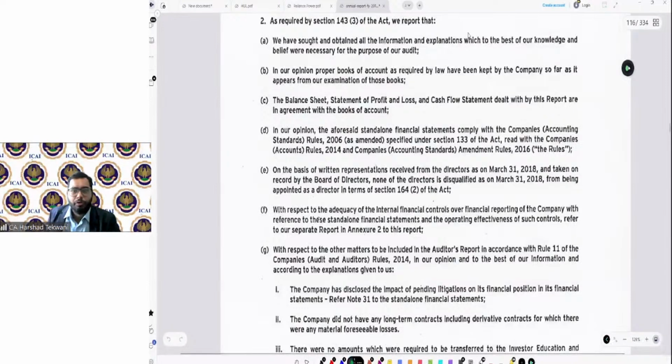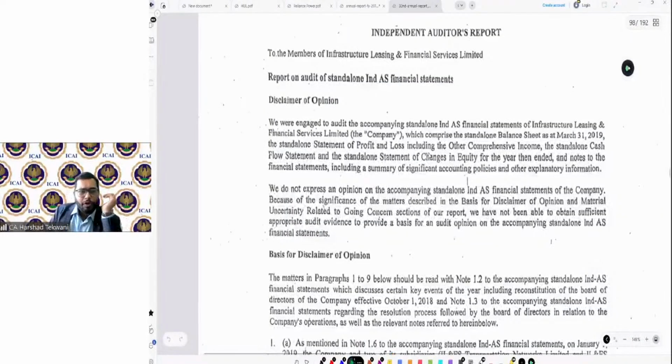So this is one of the audit reports where I could get a disclaimer of opinion. So I thought to show you a disclaimer of opinion also along with that. This is a disclaimer of opinion that was issued on the standalone financial statement, wherein a few words in the opinion itself were changed.